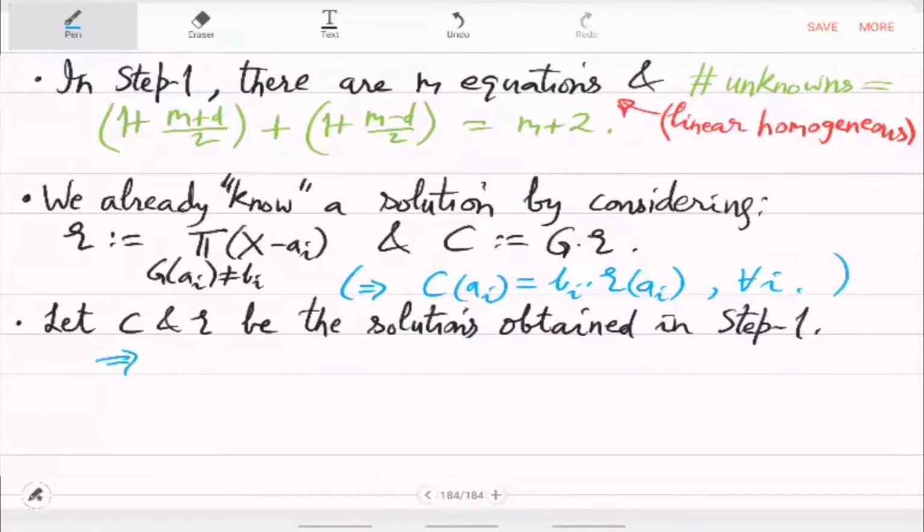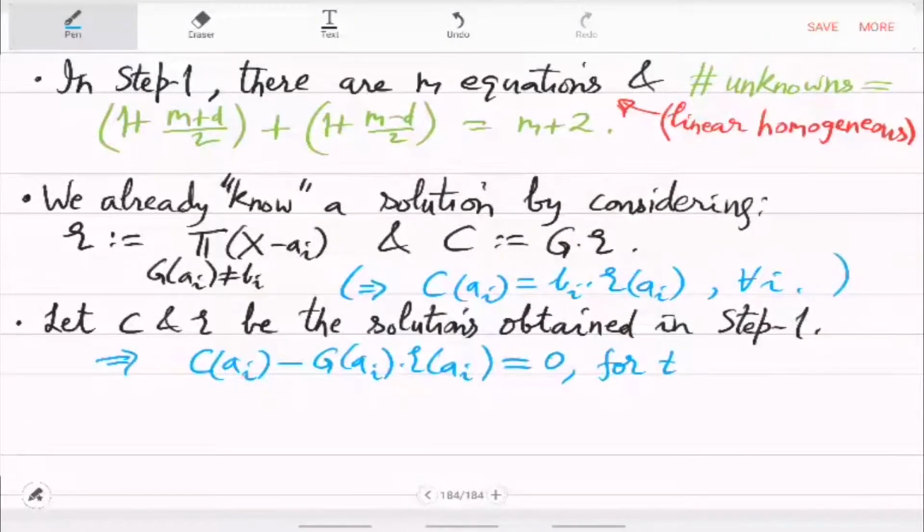You know that for the good a_i's, (C(a_i) minus G(a_i)) times E(a_i) is equal to 0 for t of the i's.